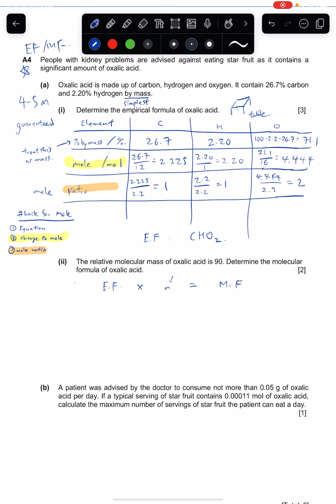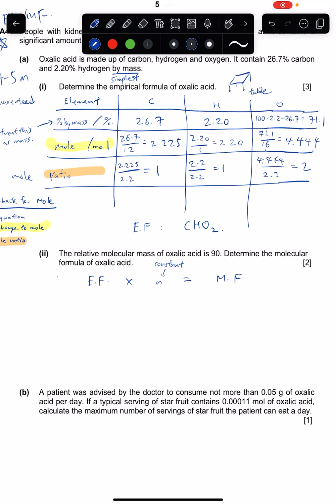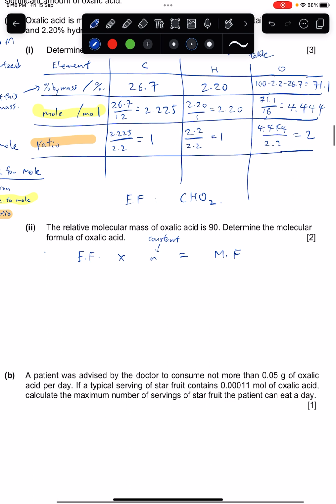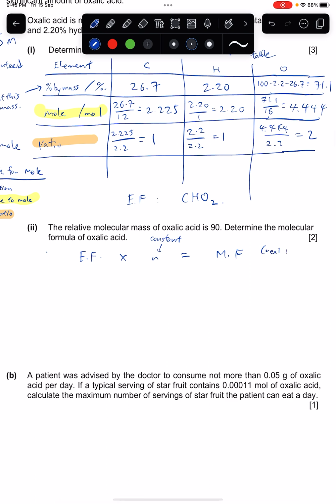This n is actually just a constant, or the maths people can think of it as a positive integer, Z plus. Okay, let's not scare you. Can you not use n? Can you use A, B, C, D, E, F, G? Any alphabet? Why not? No issue. So the empirical formula multiplied by a few times is the real formula. MF, molecular formula, is the real formula.